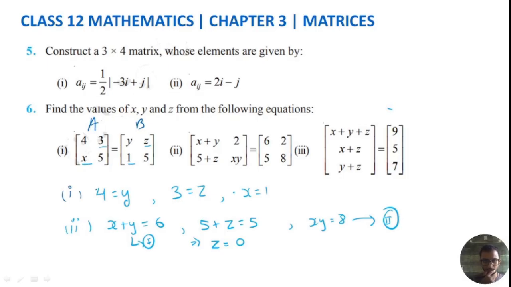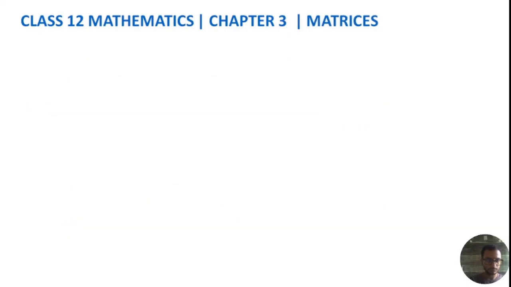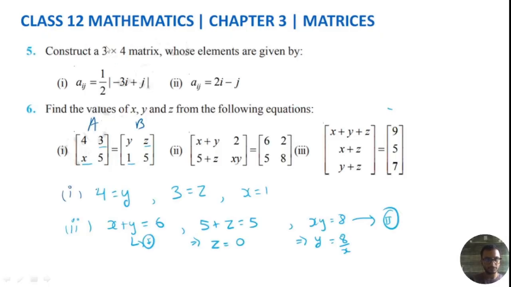Are we doing correct? Yeah. So we got the value of z, and from equation 2 we will have y equals 8 by x. So let's put y equals 8 by x in equation 1. So equation 1 will be x plus 8 by x equals 6, right?